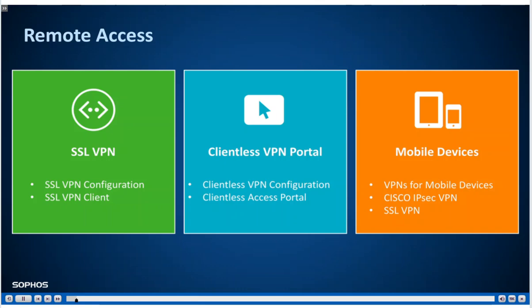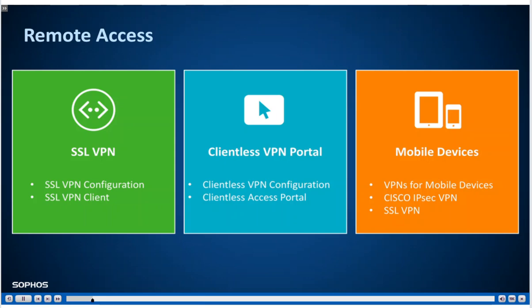The Sophos XG Firewall allows users and administrators to access resources protected behind the firewall through the use of secured VPN connections. With various options available for both desktops and mobile devices, administrators can ensure that users access sensitive information in the most secure way possible.